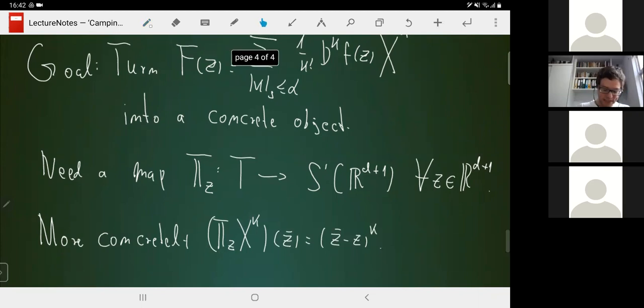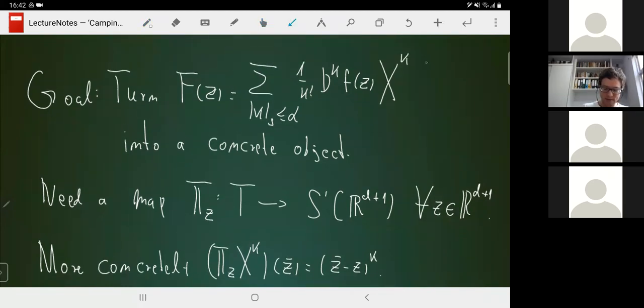So essentially this map pi turns this abstract polynomial into a concrete polynomial centered at the point z.